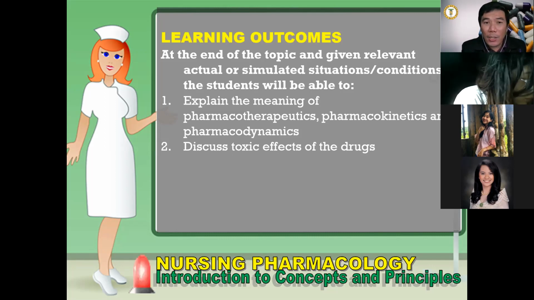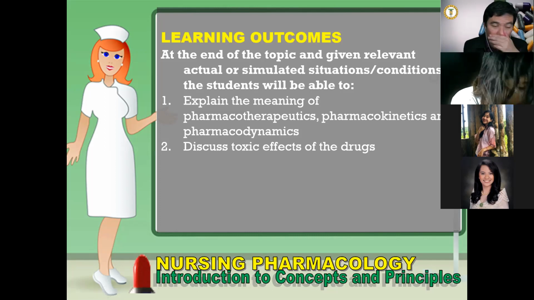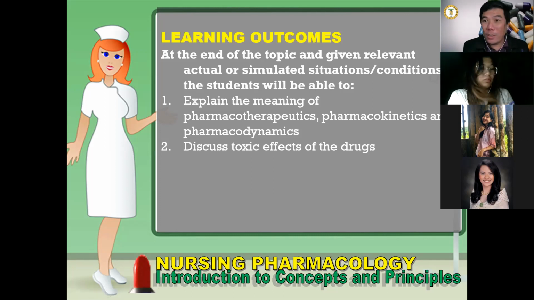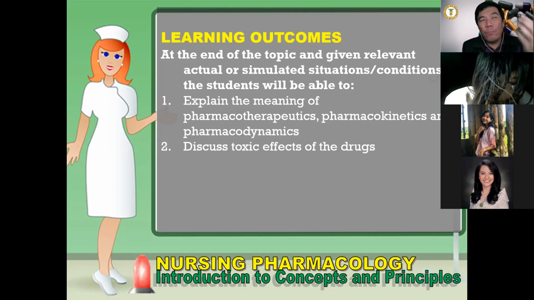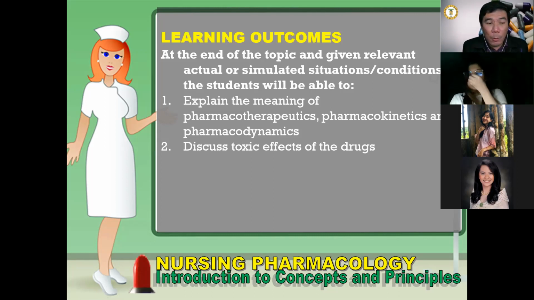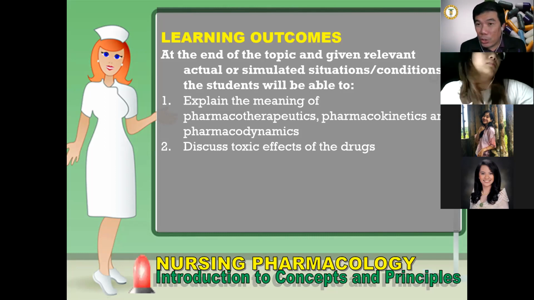So, under this discussion of toxic effects, we must be aware of what we call therapeutic level and toxic level. Class, remember, di ba class, if you have encountered a drug, we have the prescribed dosage only per age.